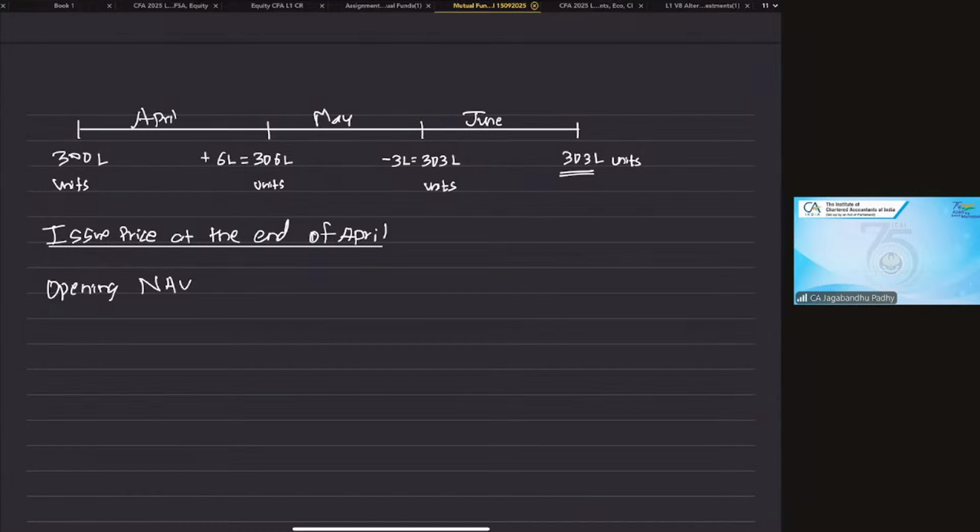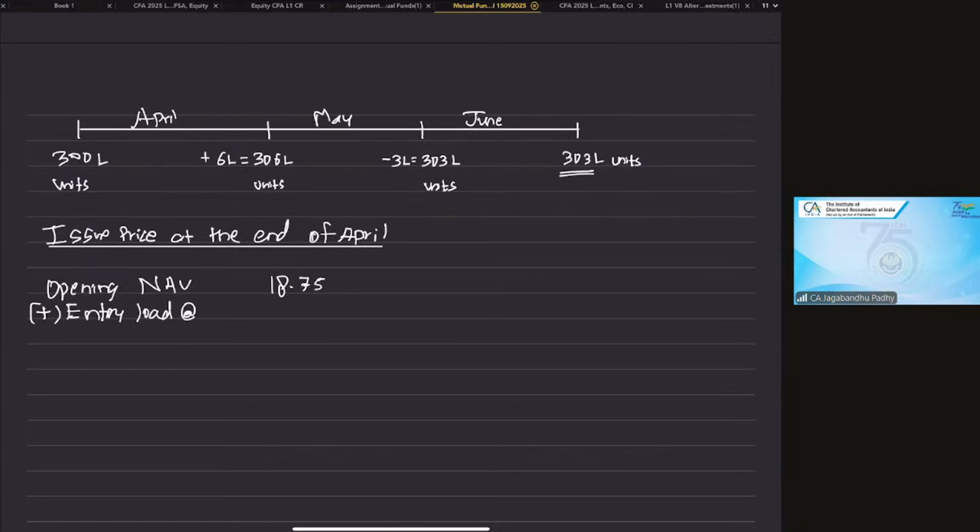What other things are we going to charge our new investors? Entry load. Yes, first we will charge entry load. Then exit load is also there, but exit load applies when the units are taken away, and we reduce it from the proceeds. So that will happen in May.